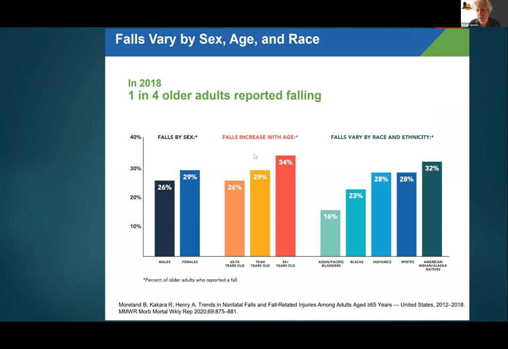If you have 5 or more medications, you have almost 100% certainty of having a fall sometime in the future. And there are also differences between race and ethnicity. We can see here again the disproportionate number of falls that occur amongst the American Indian and Alaskan Native population compared to other populations. And these are all important considerations when trying to address health disparities in age-friendly programs.